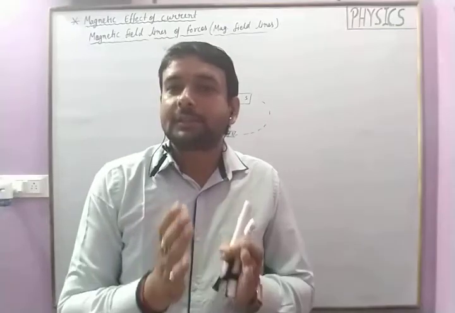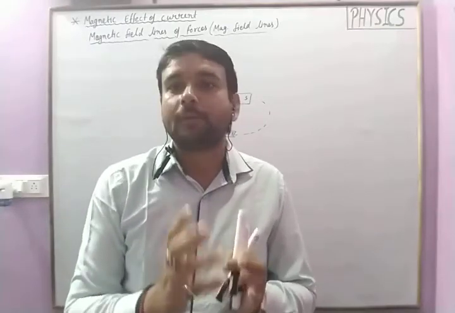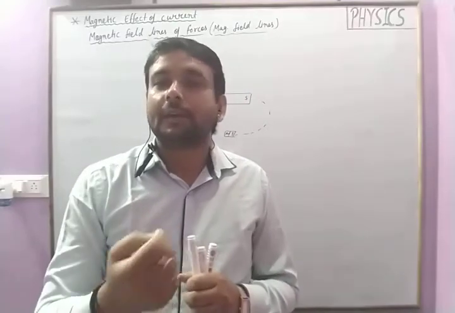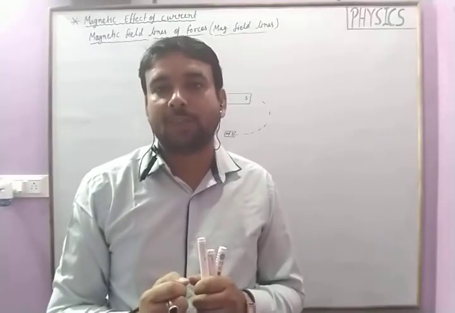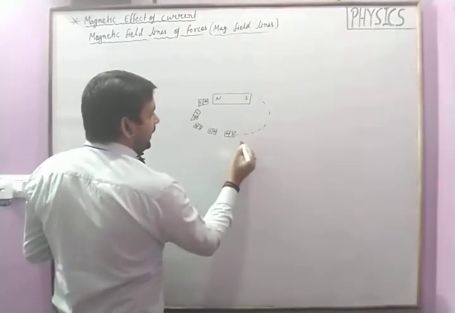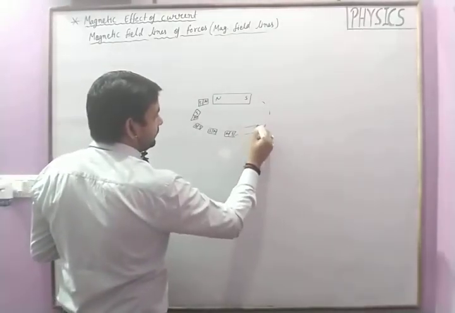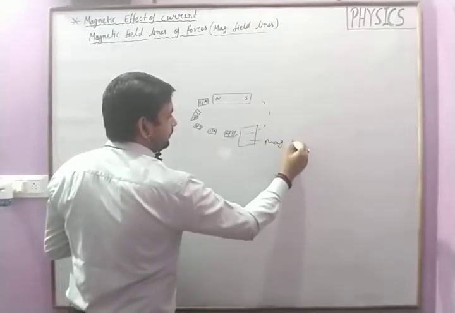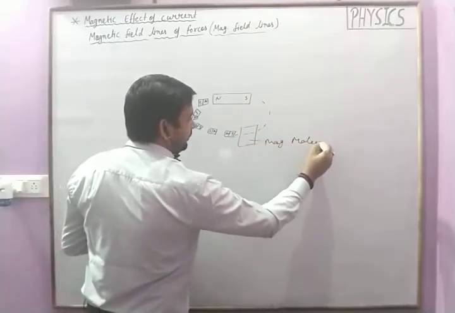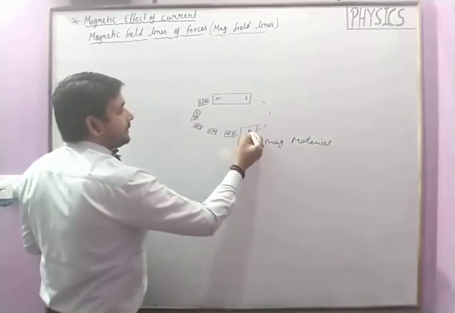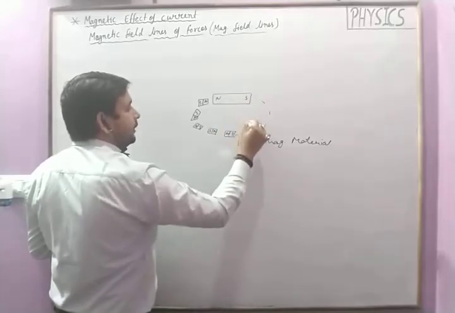these field lines cannot be seen, but the effect produced by these field lines can be felt. That is, if we put any magnetic material, we observe that the material is attracted by the magnet toward it.